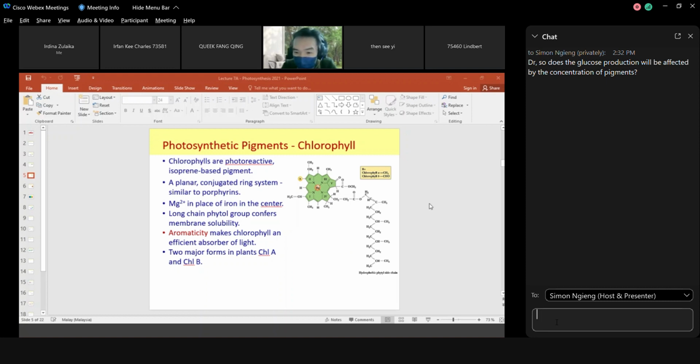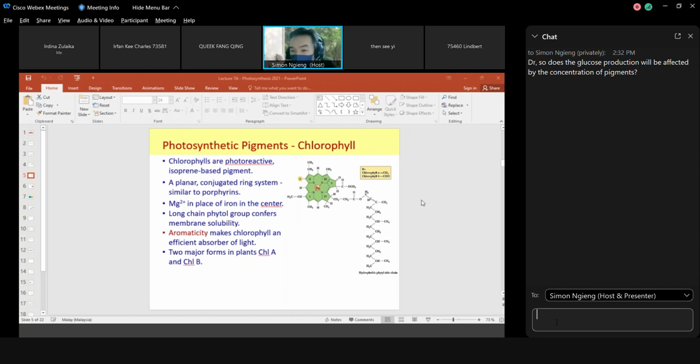There is a question by Irdina: does the glucose production get affected by the concentration of pigment? Strictly speaking, if you consider the amount of pigment, normally yes, but if you look at the length of time a plant is exposed to sunlight and so on, it is basically similar, but that depends on how big or small the plant is as well.